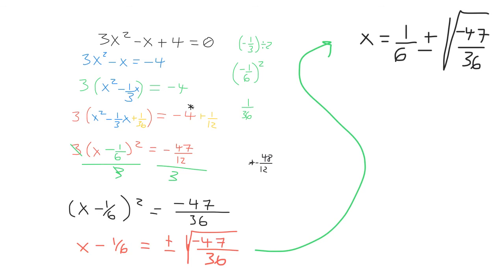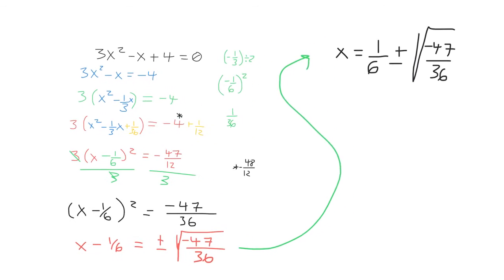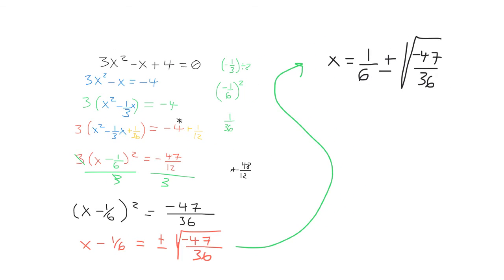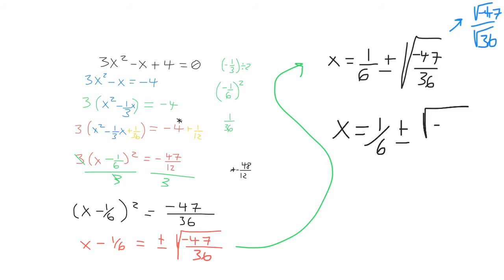Now, as I said before, this right here could really be rewritten as radical negative 47 over radical 36. Radical 36 is really straightforward. That's just 6. So on the next line, I'm going to write 1/6 plus or minus radical negative 47 over 6.